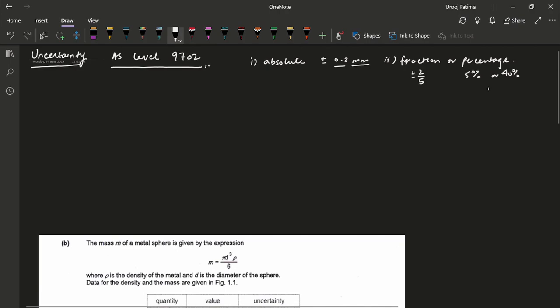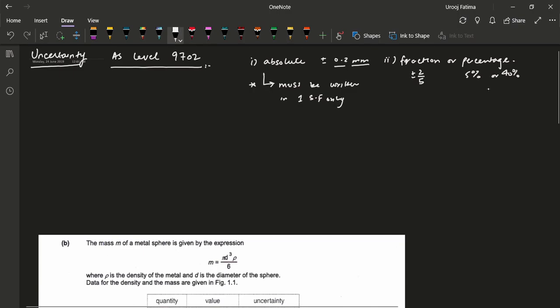Now, one of the most important things to remember is that the absolute uncertainty must be written in one significant figure only.